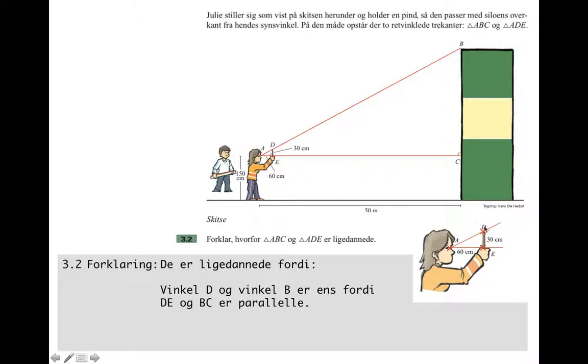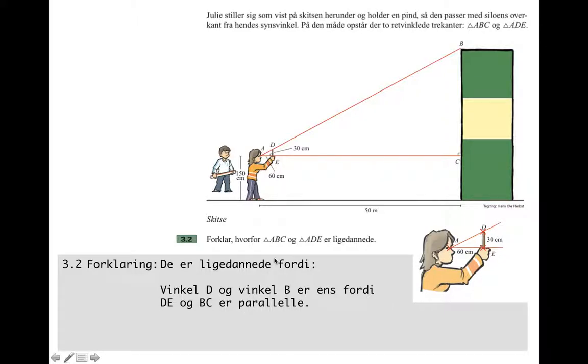Okay, so you've got the stick, which is DE, is parallel with the silo, which is BC. So lines that cross them form angles that are equal. Okay, so D and B are equal to each other because the line that they're on crosses two parallel lines.